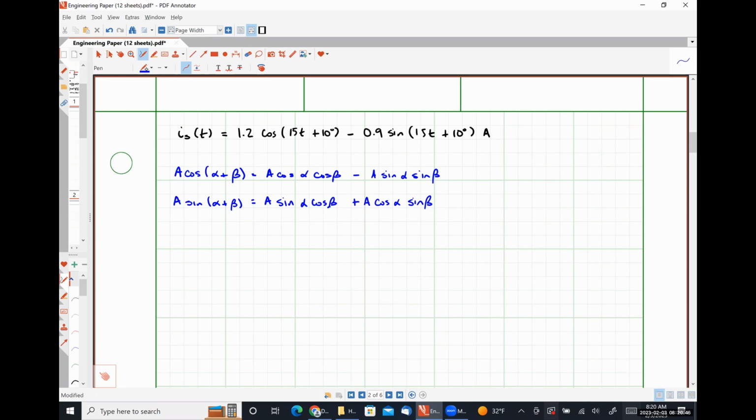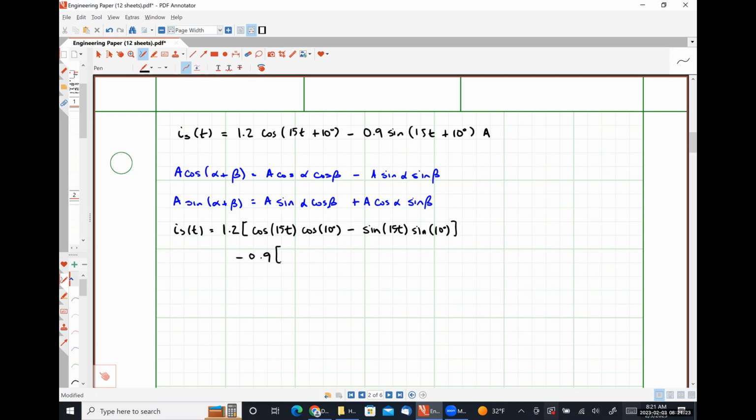So I'm going to use these two trig identities, and I can say that IS of t will be 1.2 times the cosine of 15t times the cosine of 10 degrees minus the sine of 15t sine of 10 degrees. And this is all the same line of math.